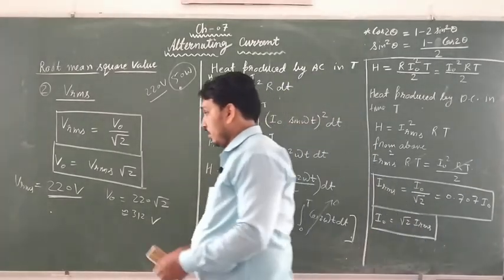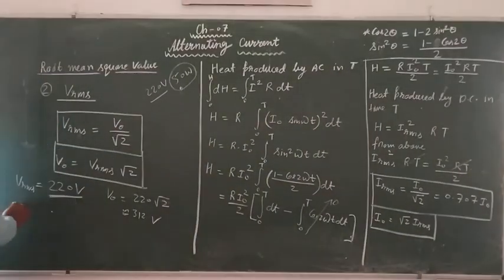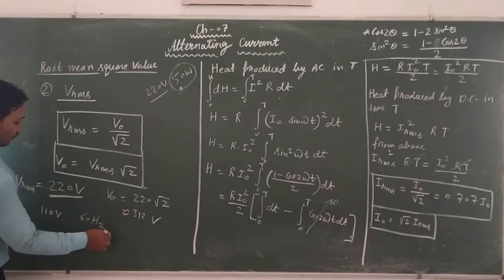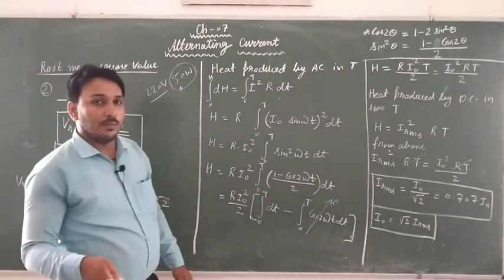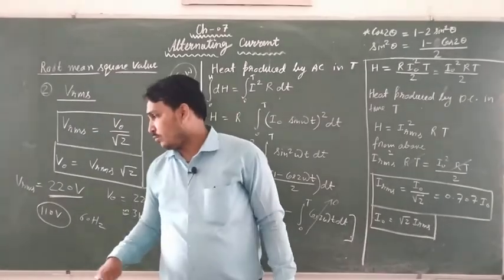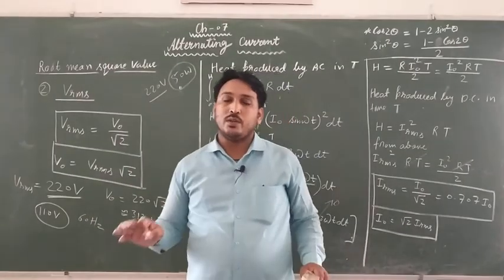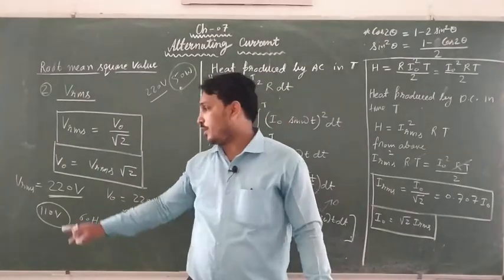In America, the domestic supply is 110 voltage. Frequency is 60 Hz. So their RMS voltage is 110 voltage. Which is better? Actually it depends upon the system. We have a system of 220 voltage, and we have developed all the appliances and all the mechanisms on the basis of this.